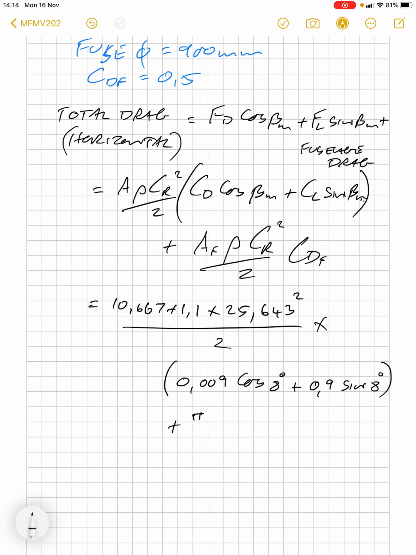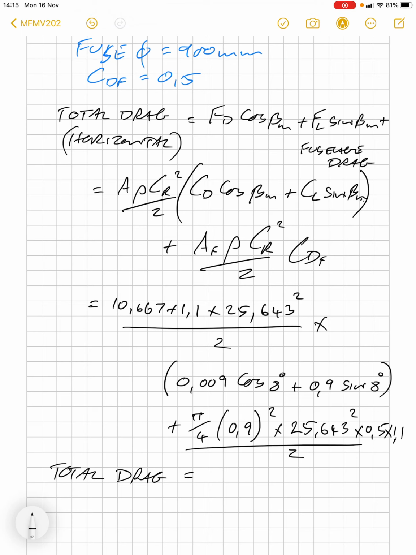And then we've got to add fuselage drag pi over 4 times 0.9 squared times 25.643 squared times 0.5 times 1.1 over 2.